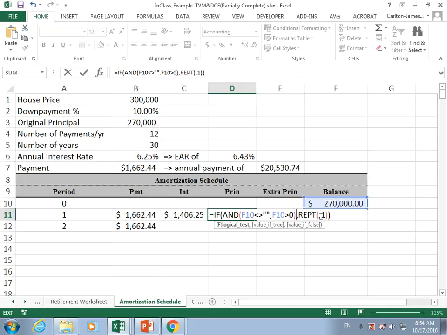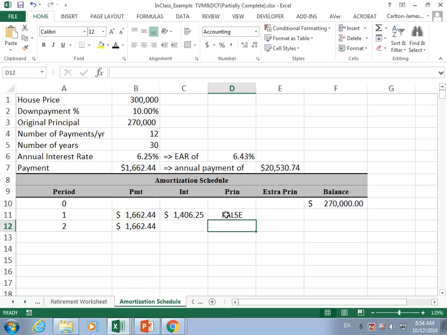Well, if you paid 1662, but of this amount, this was your interest payment, then the difference between this and this is how much principal repayment you made for that period. So we'll say then it's equal to this guy minus this guy. And that's our principal repayment.